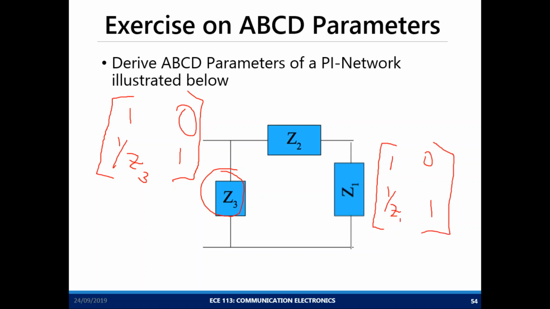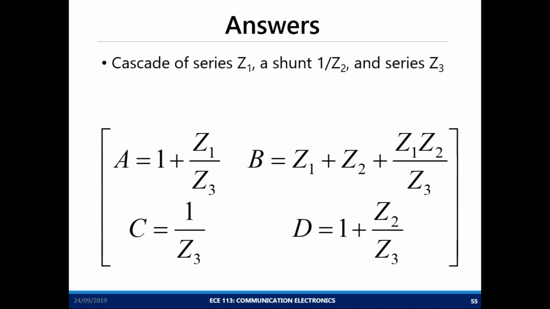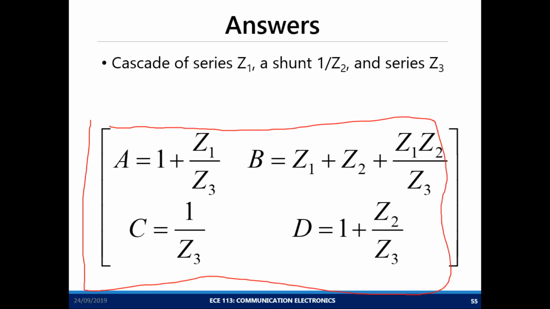And finally, the parameters of Z2 is 1, 1, 0 right here, and you have Z2 for your B parameter. And you multiply this matrix by this matrix by this matrix. Okay? And you do that, you'll get the total ABCD parameters to be equal to this equation right here.